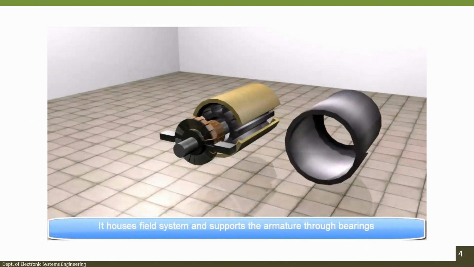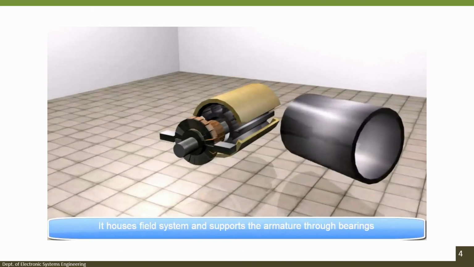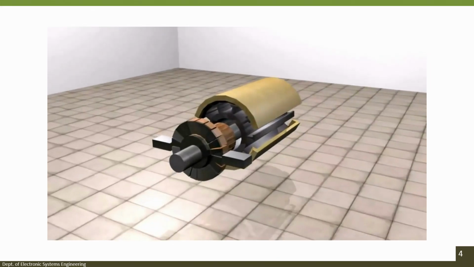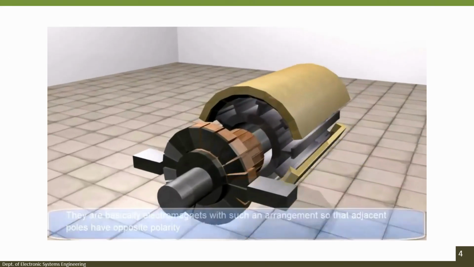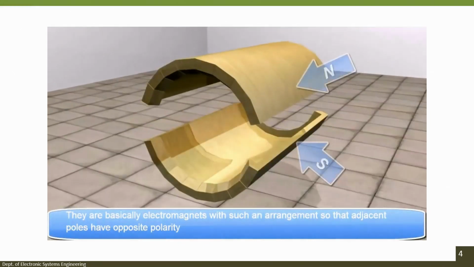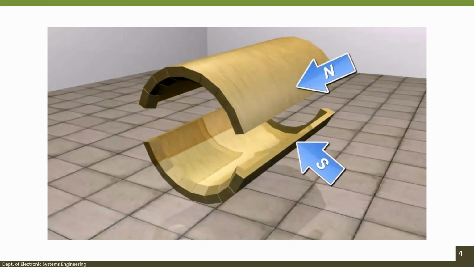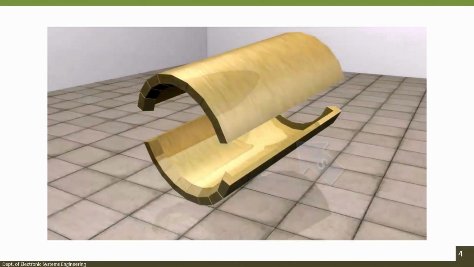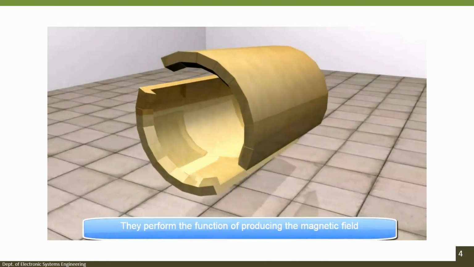It houses the field system and supports the armature through bearings. Stator magnets. They are basically electromagnets arranged so that adjacent poles have opposite polarity. They perform the function of producing the magnetic field.